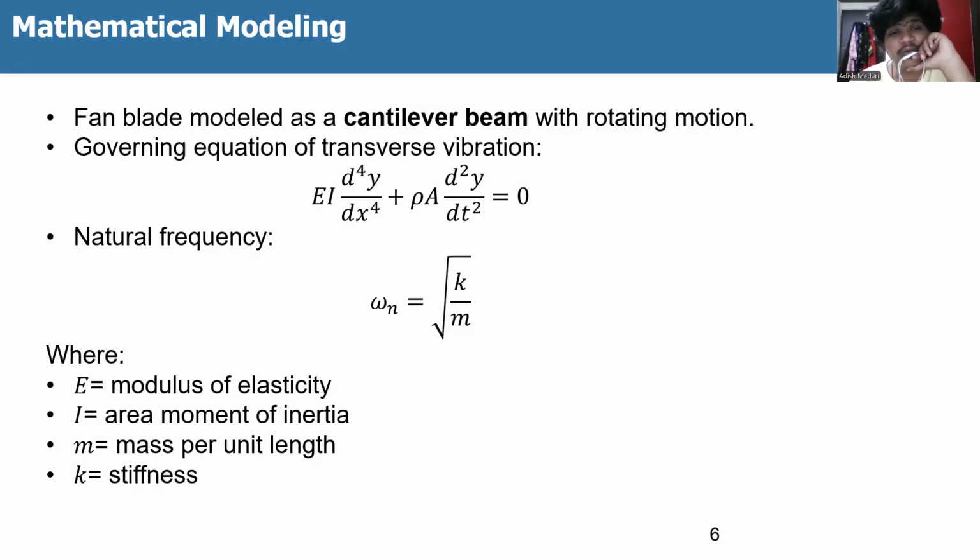The governing equation of transverse vibration is EI ∂⁴y/∂x⁴ + ρA ∂²y/∂t² = 0. The natural frequency is ωn = √(k/m), where E is the modulus of elasticity, I is the area moment of inertia, m is mass per unit length, and k is the stiffness matrix.